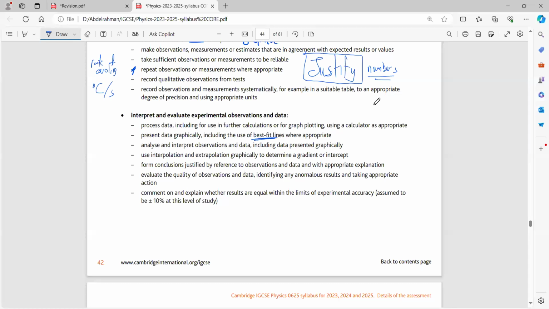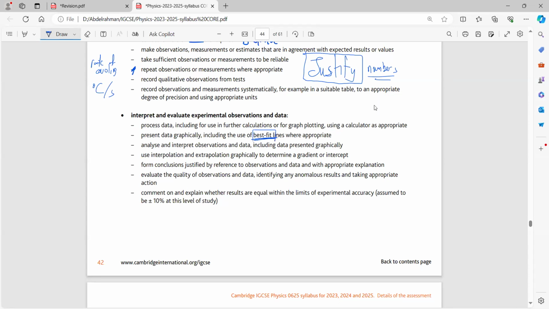But usually, to make life easier, you would have, let's say, 3 points on the line. One of them is above, one of them is below. You cannot have most of the points above, you cannot have most of the points below. Most of the points have to be very close to the line, if not on the line. 1 point could be above, 1 point could be below, which is definitely okay when I'm talking about the best fit straight lines.